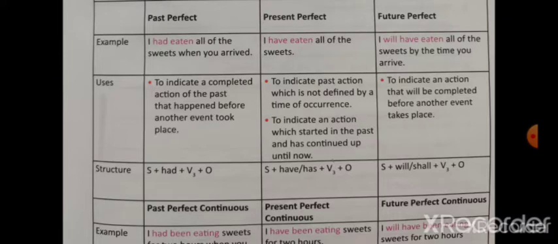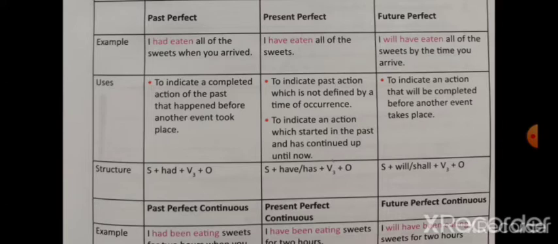While we construct this sentence, we write the subject first, then we use had, then verb in its third form, and the object. I had eaten all the sweets when you arrived. So with this sentence, they are saying that there was an action taking place in the past, and it had completed before the second action took place.